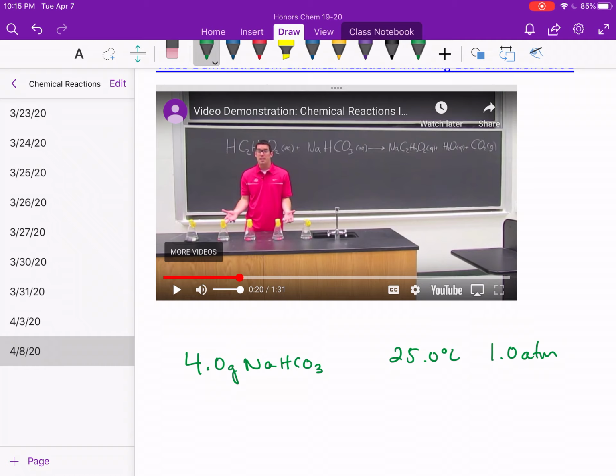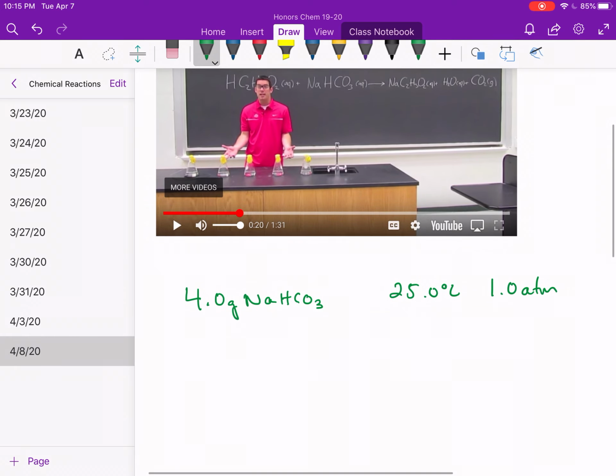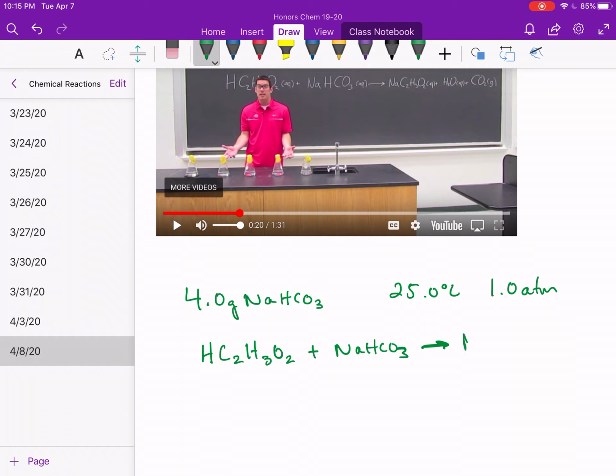You can see on the board behind him that he has the reaction written down, but I'm going to rewrite it. He said that they used some acetic acid, and let's get acetic acid right. It's HC2H3O2, and they reacted that with our sodium hydrogen carbonate, and that produced our sodium acetate.